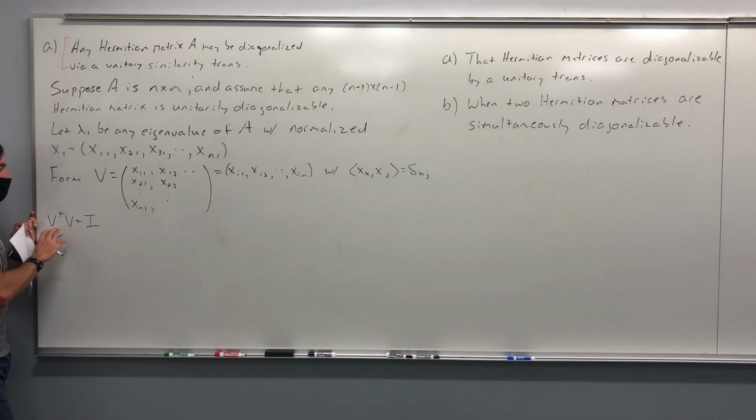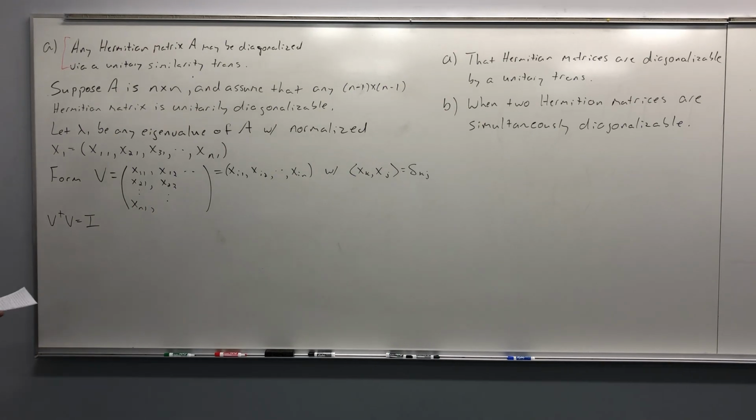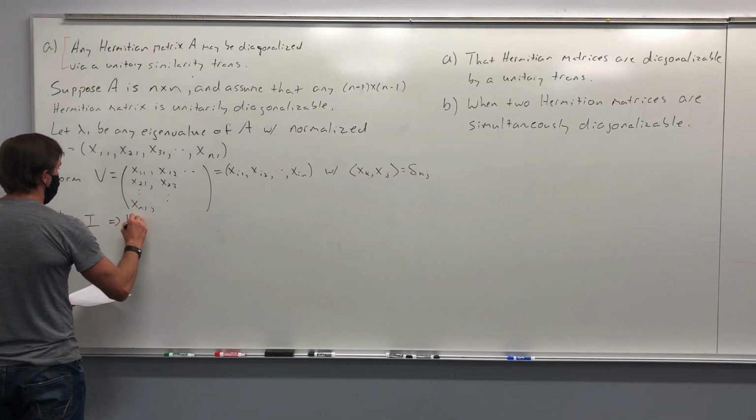You just have to write a matrix whose columns are orthogonal vectors, and then do this operation, and you'll quickly realize it turns into the identity. I'm not going to prove that right now, but if you think about it hard enough, it should be obvious. So V is unitary.